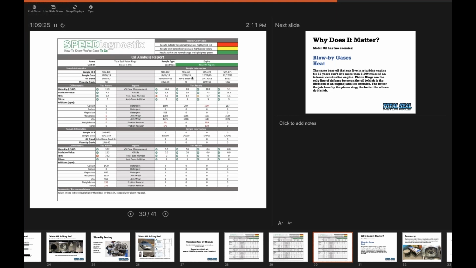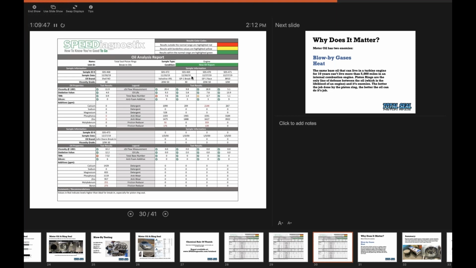Okay, so when you look at the calcium, sodium, and magnesium, that's your detergent package. Again, for break-in, you want a low detergent package. That way the ZDP can do its job in terms of helping to assist that chemical break-in, and you don't want the TBN working against the rings bedding in.